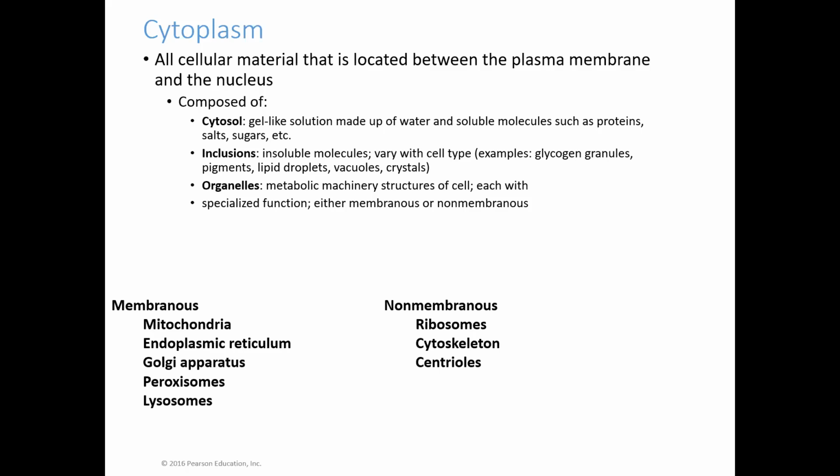We have all sorts of structures inside the cytoplasm. We have glycogen, which is the polysaccharide version of glucose. We have vacuoles. We have salt crystals. We also have organelles. Organelles are like little organs. They're inside the cell in the cytoplasm, and they do things for the cell.